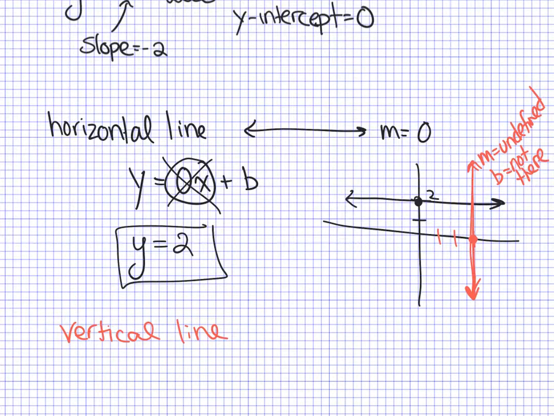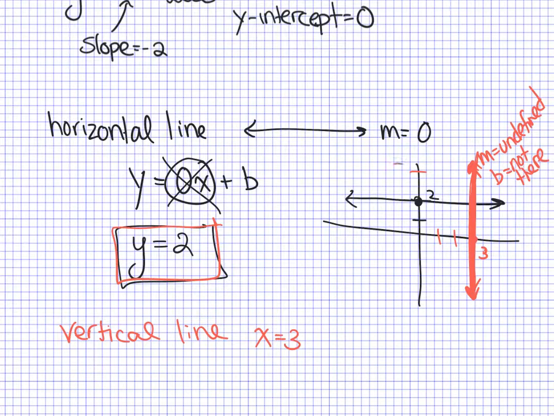So vertical lines are written like this: if you check out the way a horizontal line's written, y equals 2. Like y is always 2. That's the y value forever. No matter what your x value, y is 2. So vertical lines are similar. The x value right here is 3. So x equals 3. As you can see, the x value is always going to be 3, right?